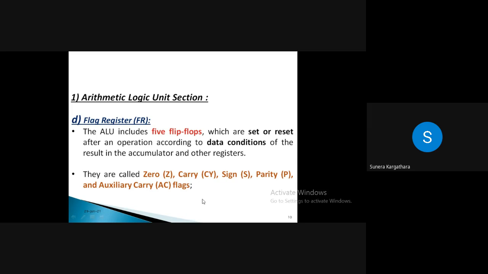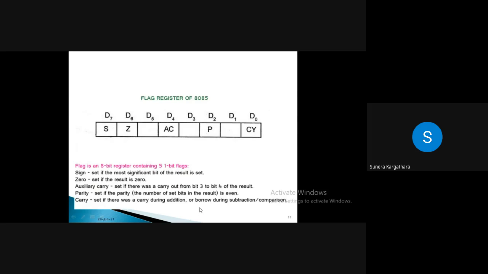Now, what is the meaning of each flag and what is the format of the flag that we want to check? If you observe your 8085 microprocessor's flag register, it will be like this. As I discussed, the size of your register is 8 bits, D0 bit, D1 bit, D2 bit, up to D7 bit.